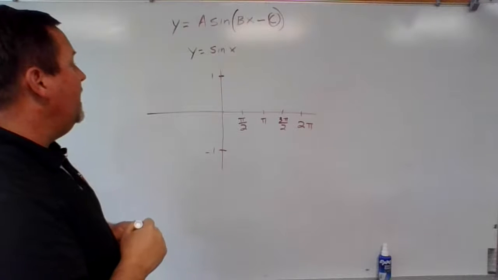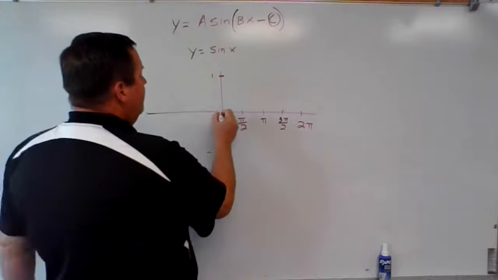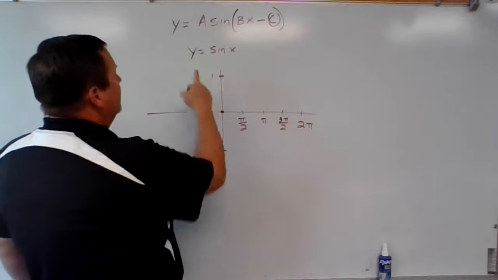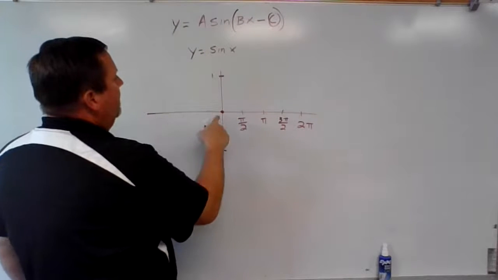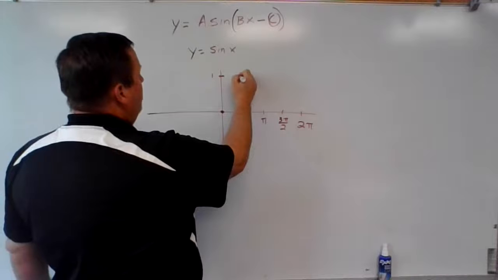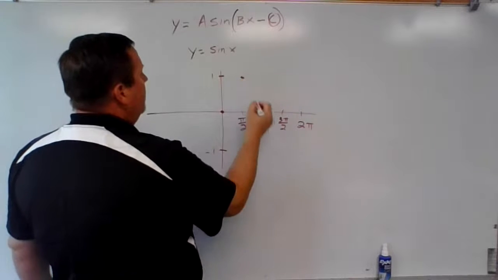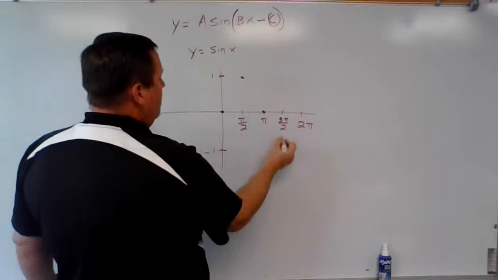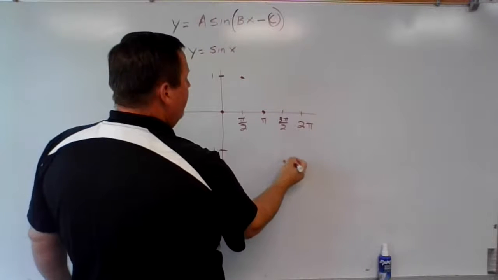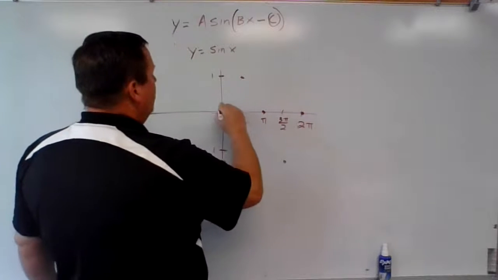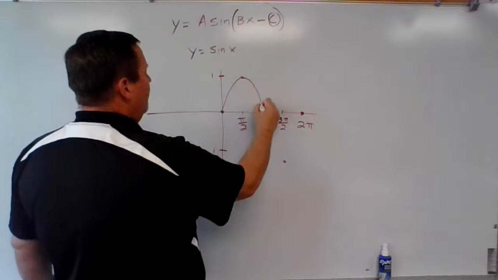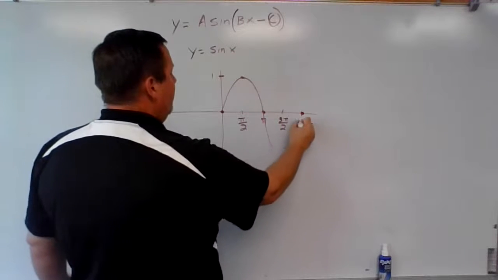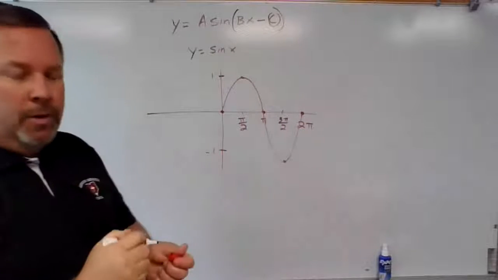And sine, if you recall, starts at 0. And it's not negative, so it's not inverted. I go from 0 to my maximum, which is 1, back to 0, to my minimum, and back to 0. And so that's y equals sine x.